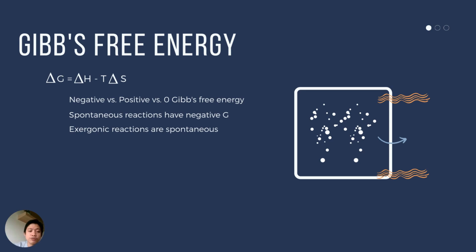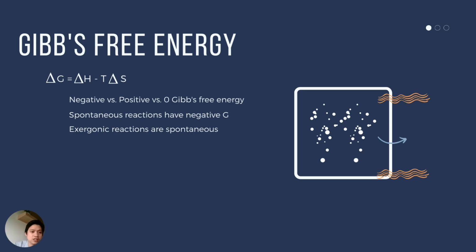G is Gibbs free energy. After we have added the disorderliness and we have combined it with the orderliness of a system, the energy in disorderliness and the energy that keeps the particles from being disorganized, that's enthalpy, at a particular temperature, we sum it all up, and that will give us Gibbs free energy.